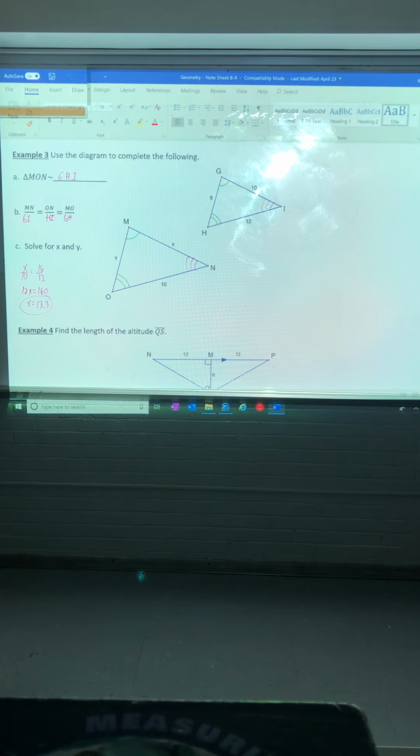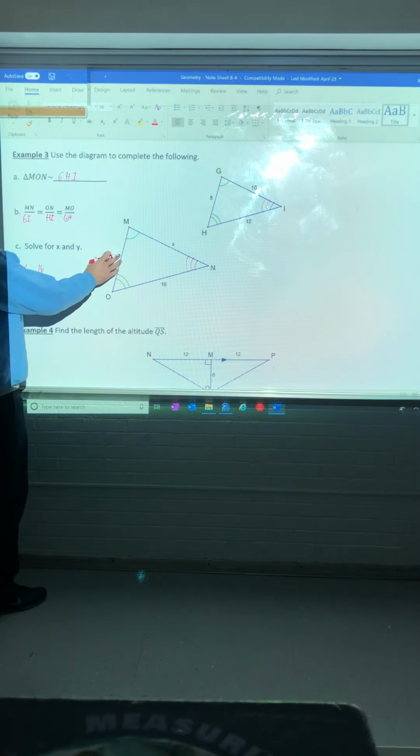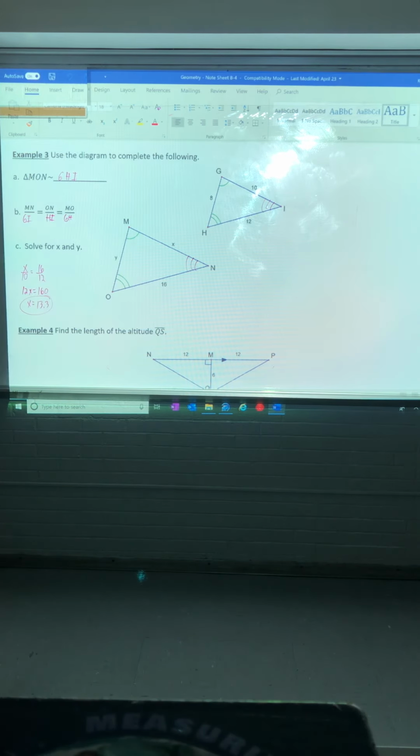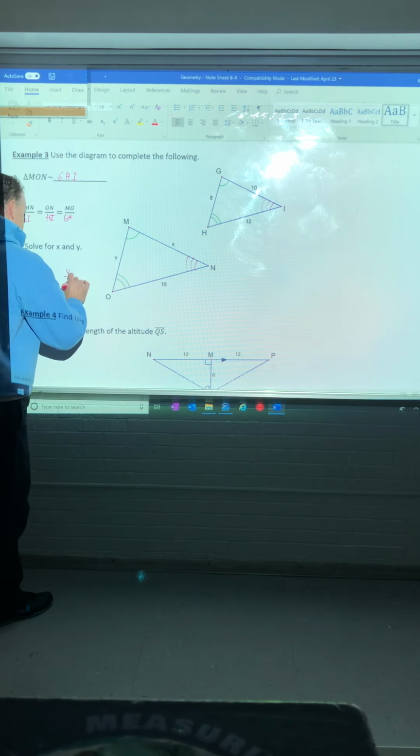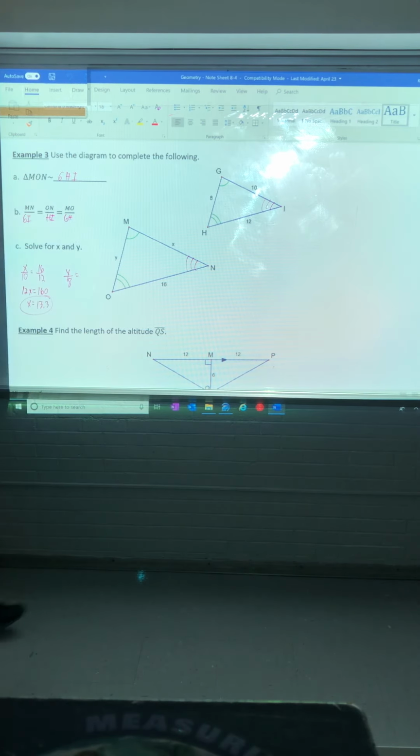All right, so we can use this 16 over 12 again, and we look at our y. We're trying to find our y, and we know that MO over GH, y over 8, is going to equal 16 again over 12, ON over HI.